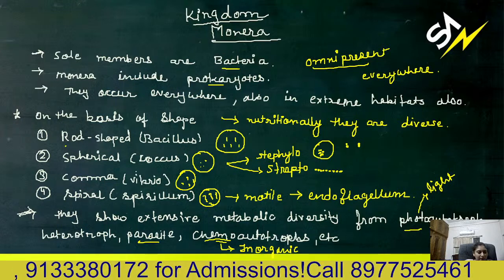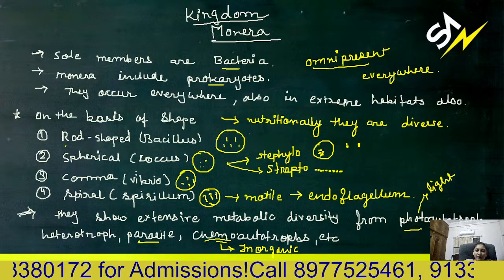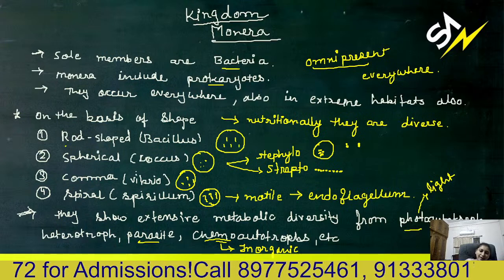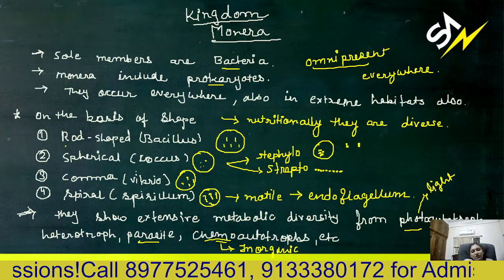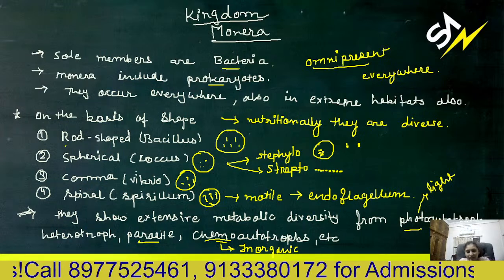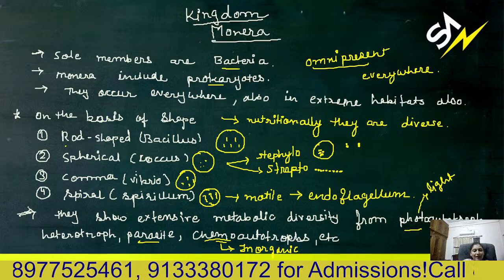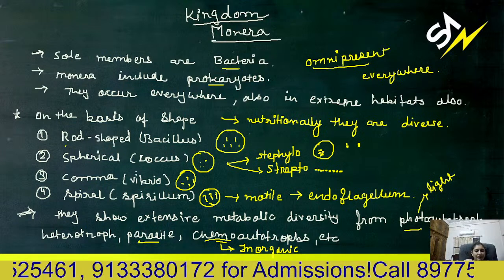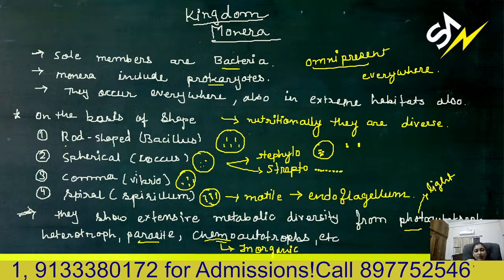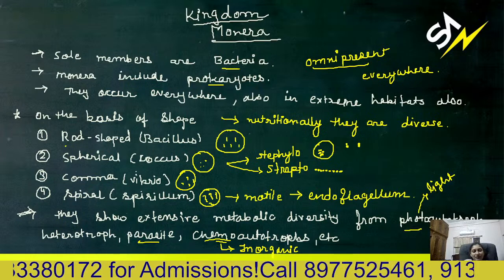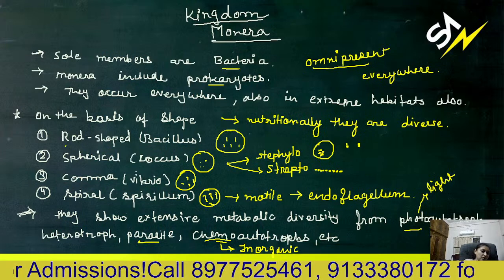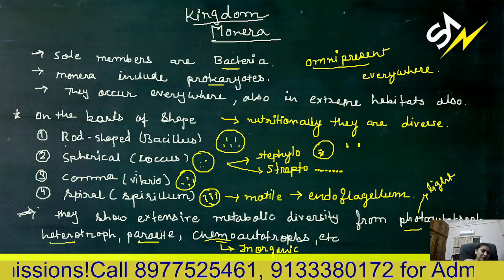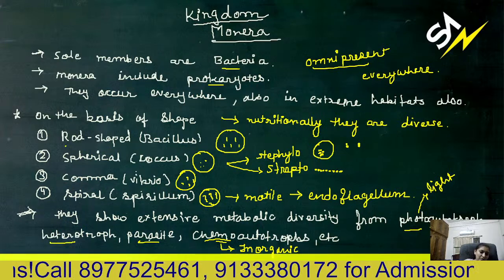So here, how will they get energy? From light. And chemoautotrophs get energy from inorganic chemicals like sulfates, phosphates, nitrates. They reduce these inorganic chemicals and get energy from them. Heterotrophs simply depend on other autotrophs.